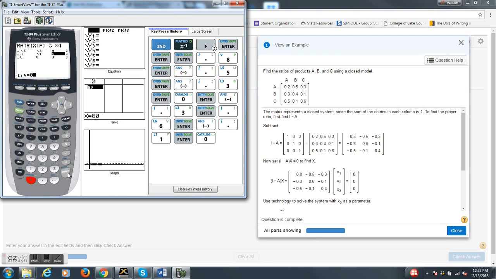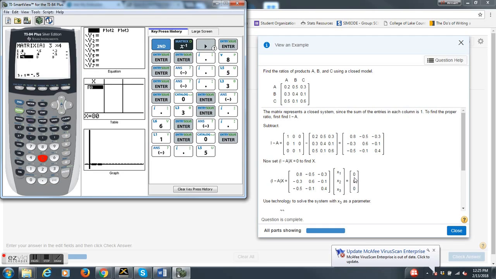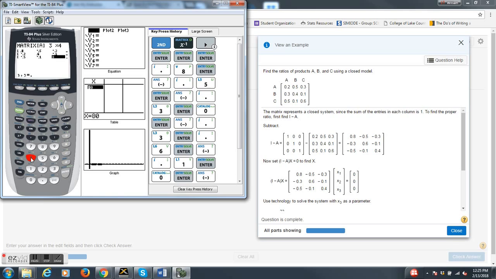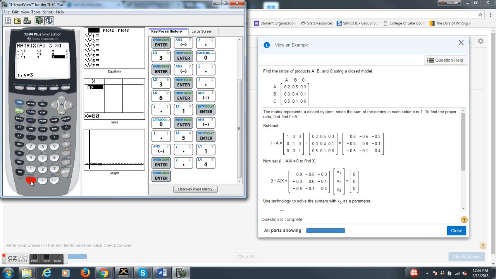This last column is 0, by the way. Your last column is going to be whatever is here. So this is your first 3 by 3 right in here, and the last column is just a row of zeros. So I'm going to have negative 0.5, negative 0.1, 0.4, and 0. So all zeros on the last column here, and you see your matrix right there.